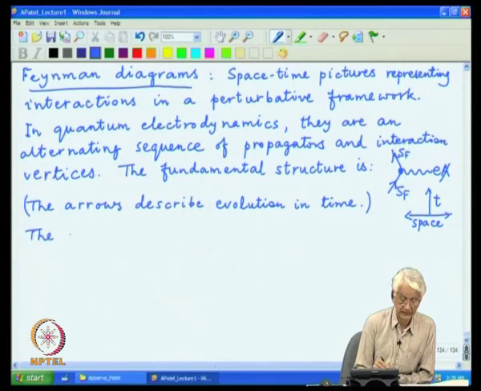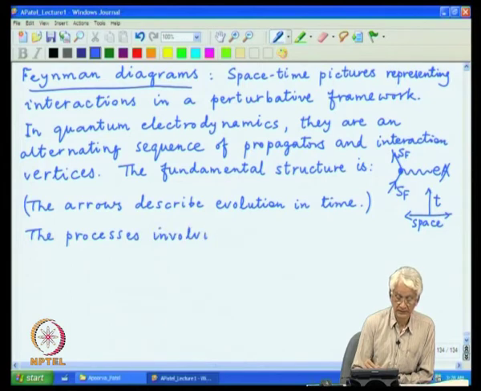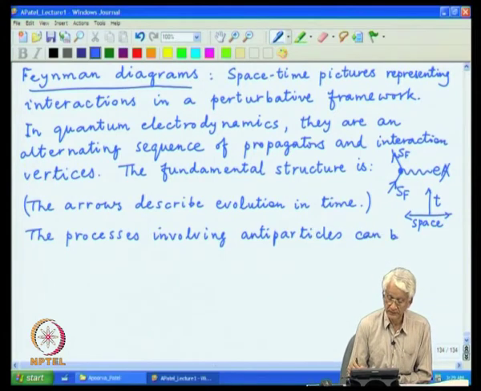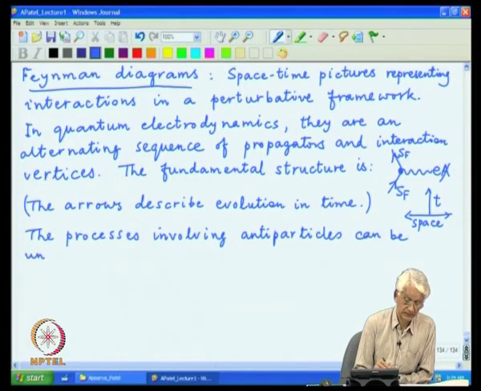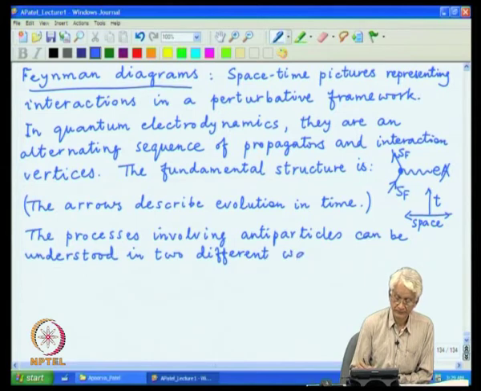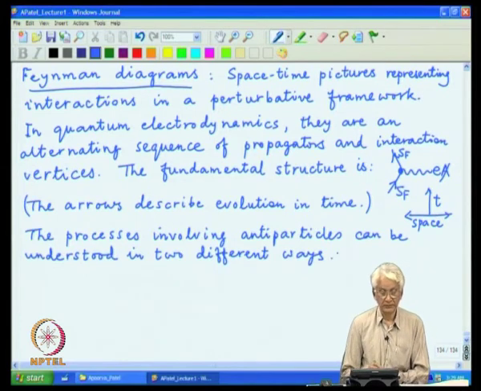The processes involving antiparticles can be understood in two different ways.